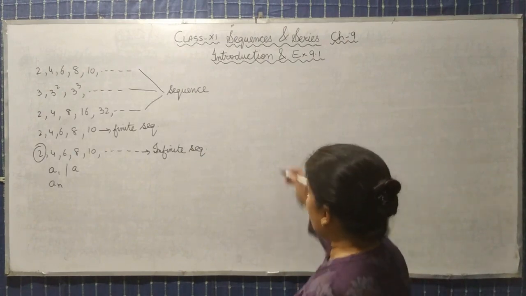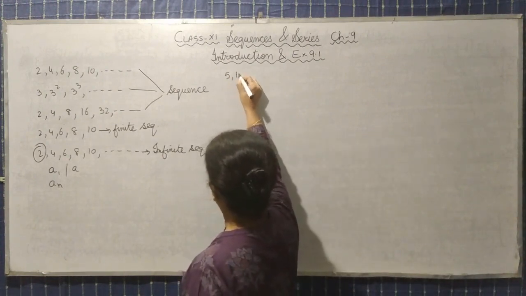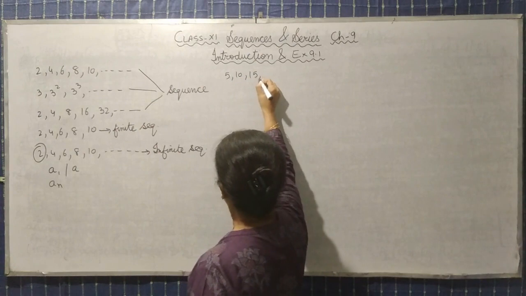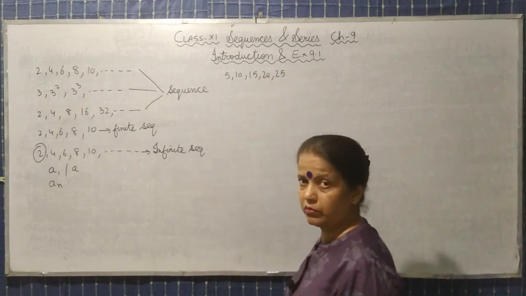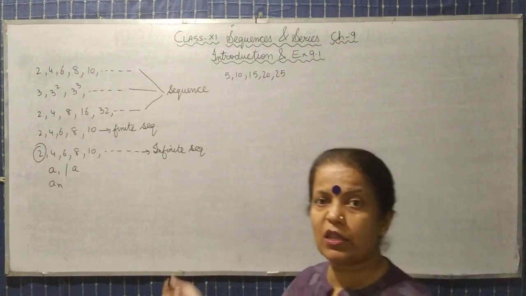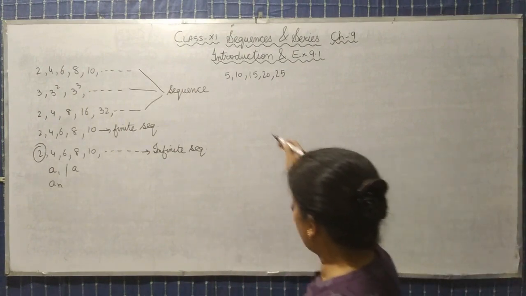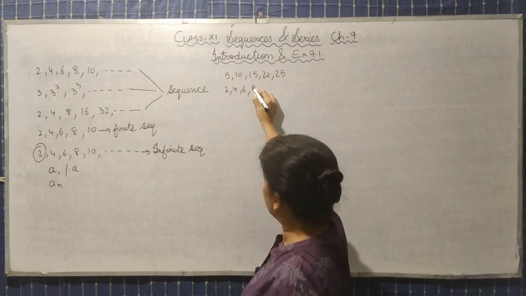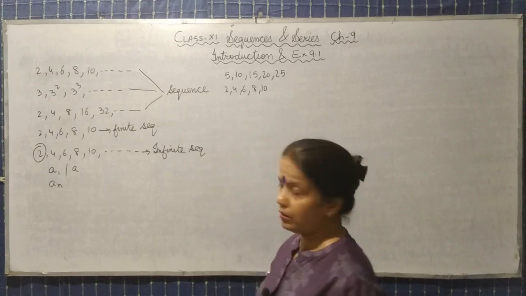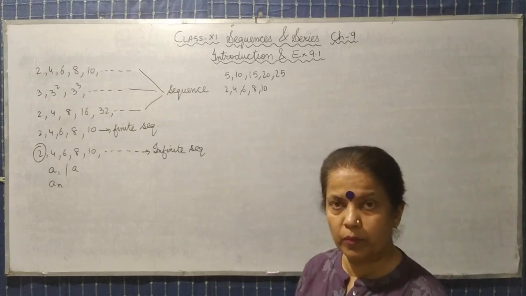Now, if I take this, what do you observe? There is a gap of 5, isn't it? If I take this, then the gap is 2.